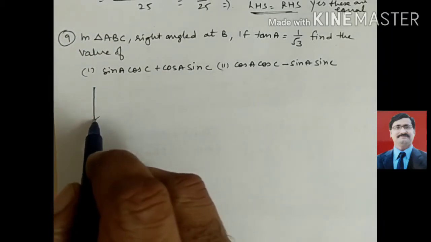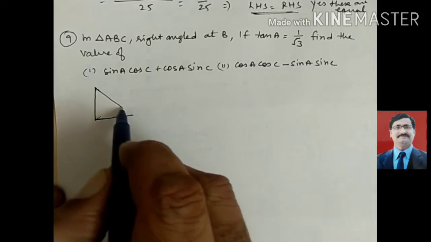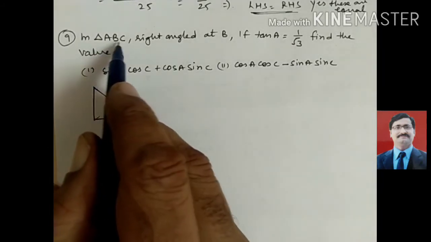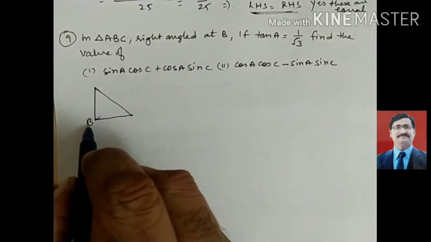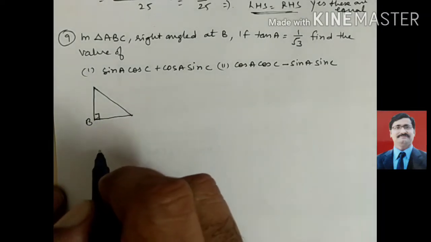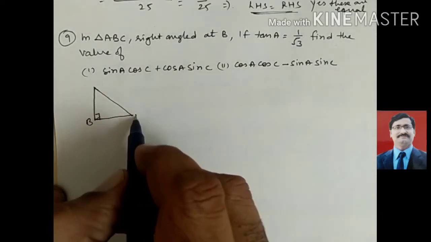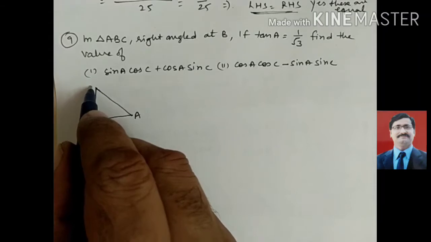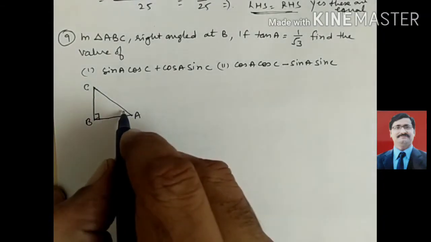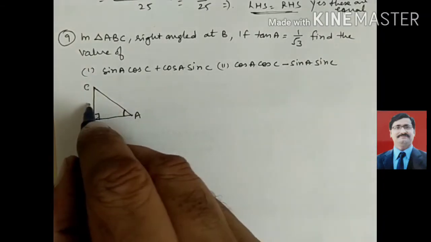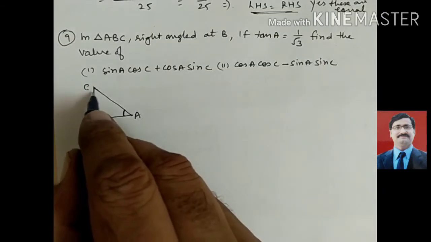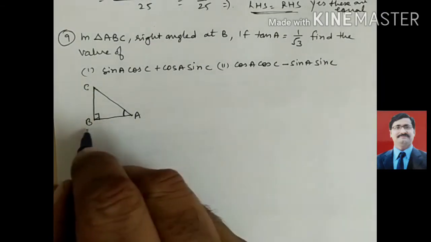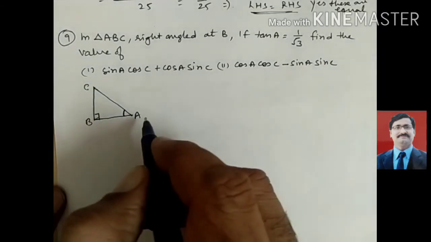Draw a right angled triangle ABC. Right angle at B means this angle is 90 degrees, and we can mark angles A, B and C. For angle A the perpendicular is BC, and for angle C the perpendicular is BA. That you have to understand.